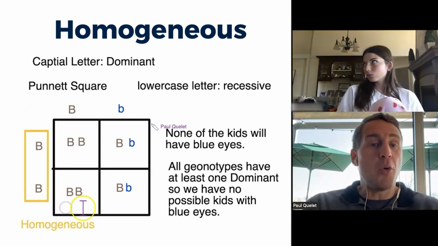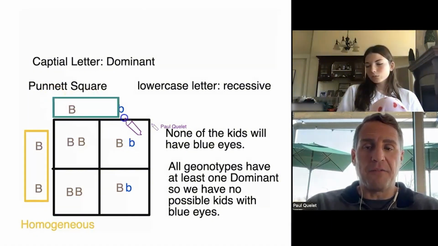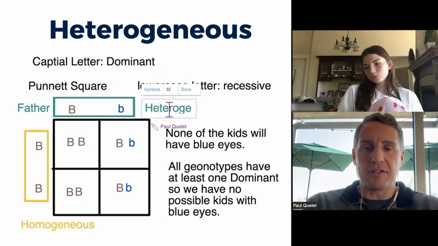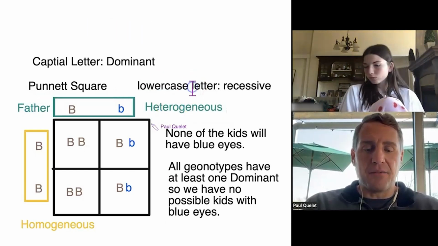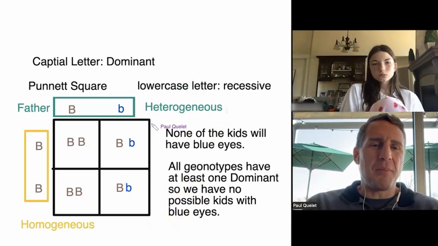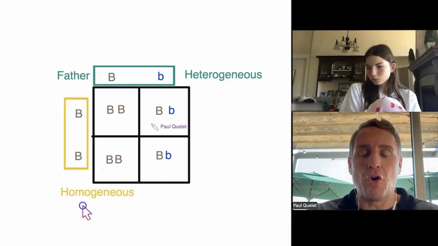Homogeneous. So in other words, homo, that prefix means same. Whereas if we look at the father, is he going to be homogeneous or heterogeneous? Heterogeneous. If I'm going to have kids that possibly have blue eyes, is it possible for them both to be homogeneous with brown eyes?